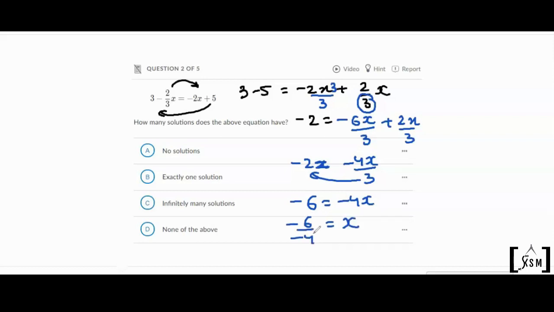Anyway, I'm not interested in finding the answer right now. We just have to tell how many solutions we have. So whatever the answer, we are getting only one solution. So my correct answer is exactly one solution of x. Hope it makes sense, guys.